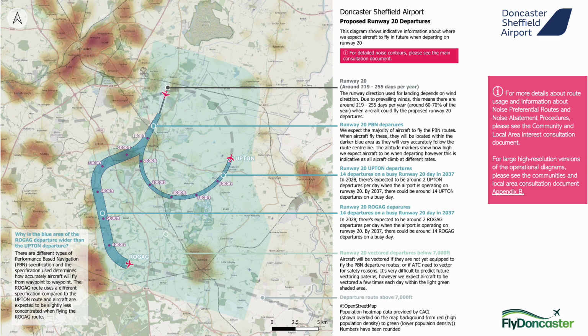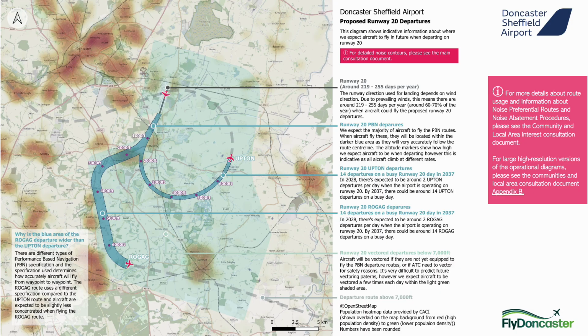The type of navigation being used on these routes is very precise, especially on that left turn departure route towards Upton, so you can expect aircraft to be very precisely following that flight path. The departure route down towards Rogag is not quite as accurate, so there'll be slightly more dispersion on that route centre line.